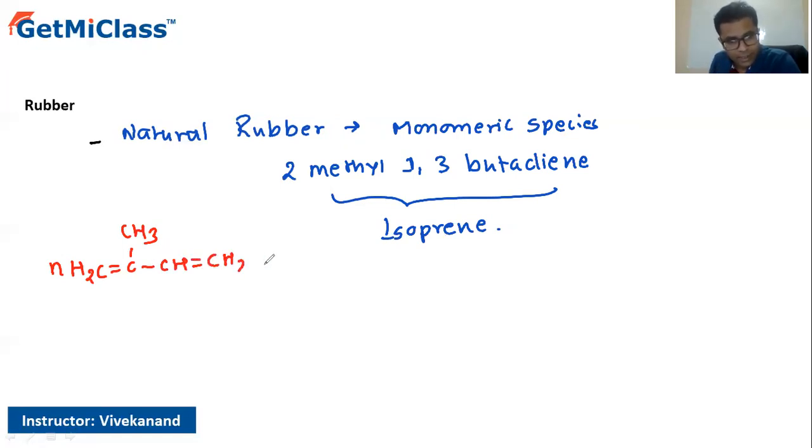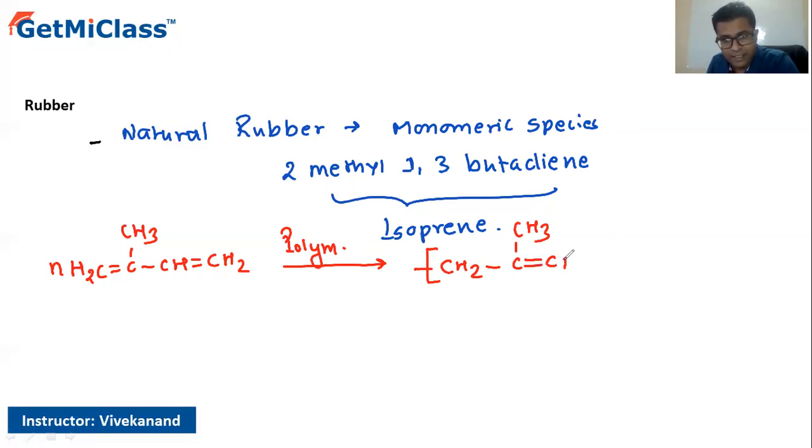Now when we observe its polymerization, here n number of 2-methyl 1,3 butadiene, once this is polymerized, this becomes CH2 single bond C CH3. Now this particular double bond shifts to the next position, so therefore we'll get it over here, CH single bond CH2, and this thing actually continues.